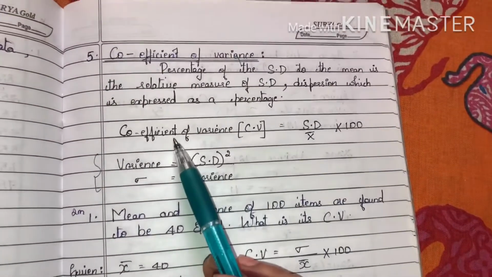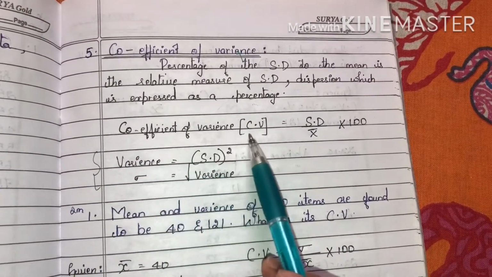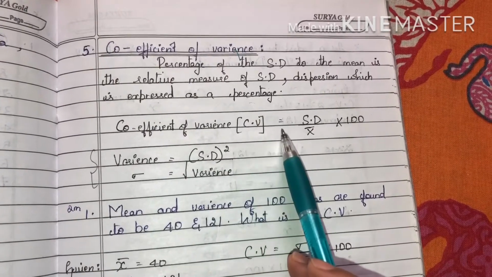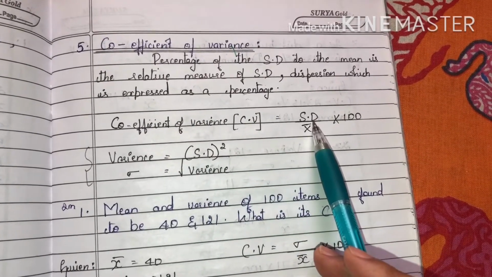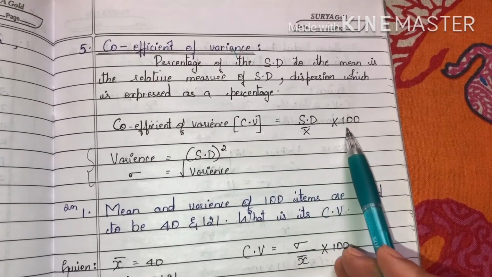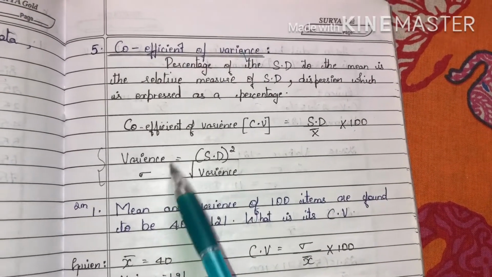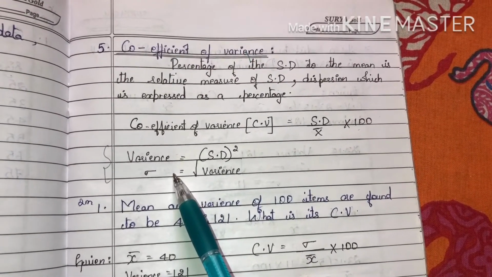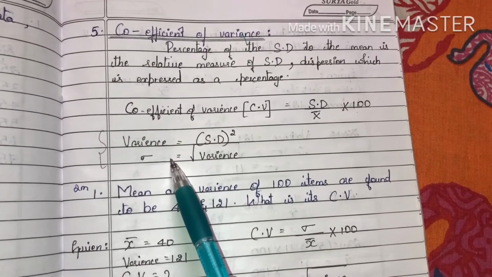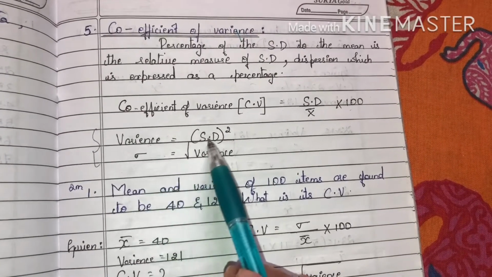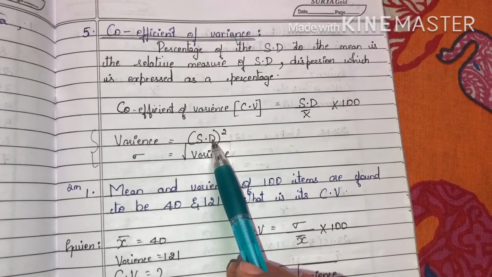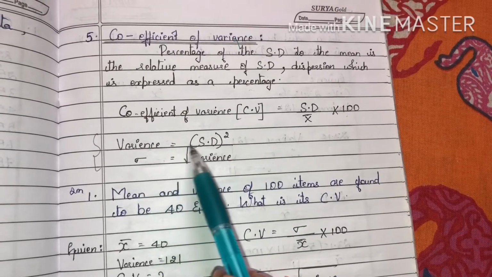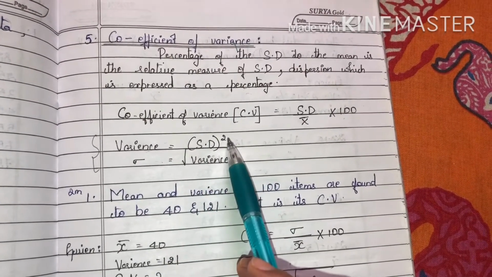Okay, the formula for coefficient of variance, denoted as CV, is equal to standard deviation divided by mean into 100. These two are the formulas to be used for 2 marks, because sometimes they will give you the variance and ask you to identify standard deviation. So variance is equal to standard deviation to the power of 2.